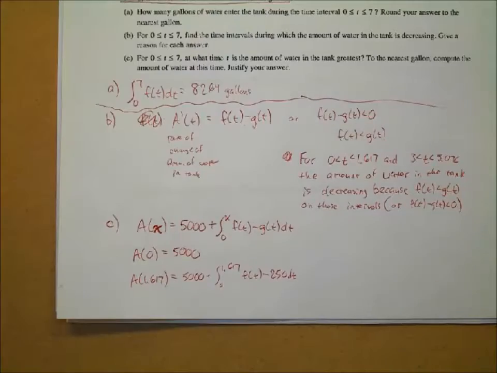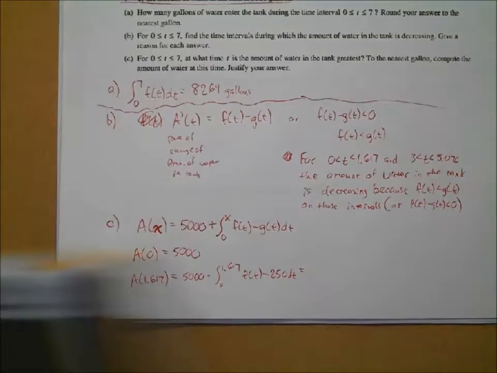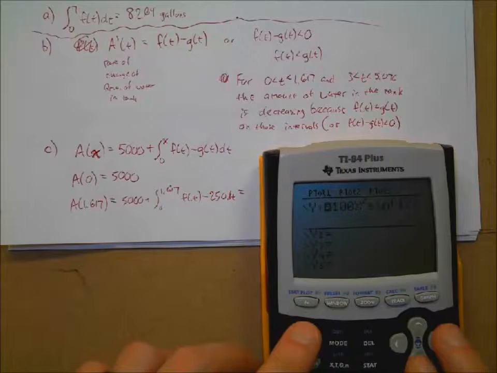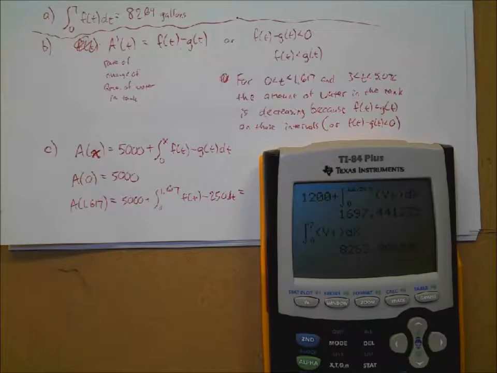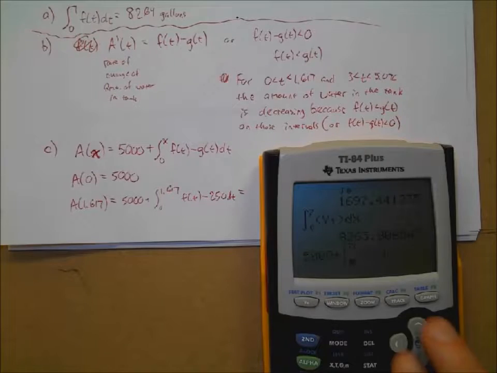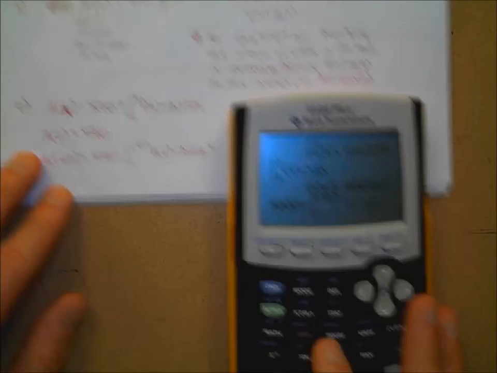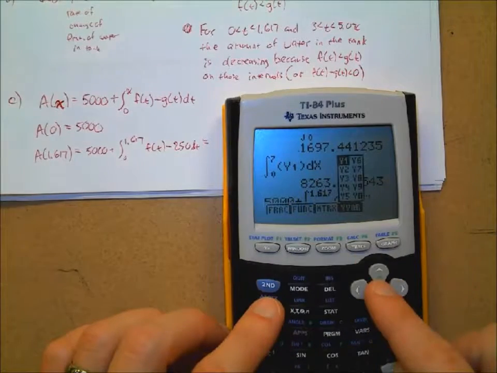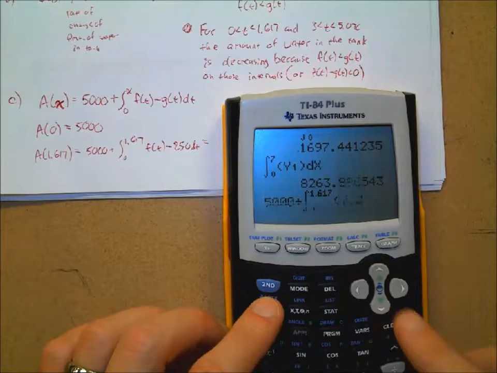Okay, so that's all we have to do for that one. So I'll do that here. We do 5,000 plus math 9, integral from 0 to 1.617 of y1.